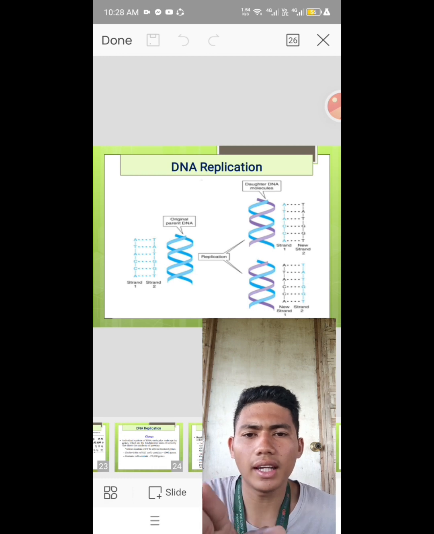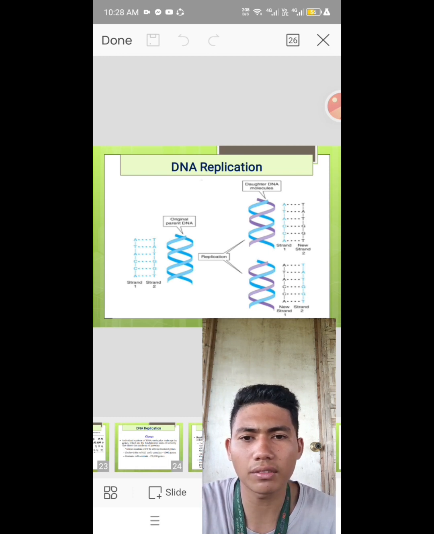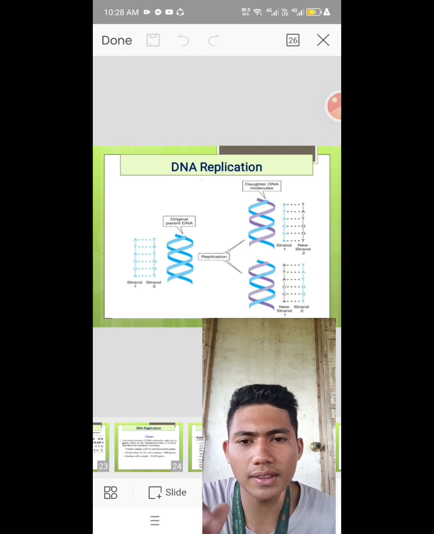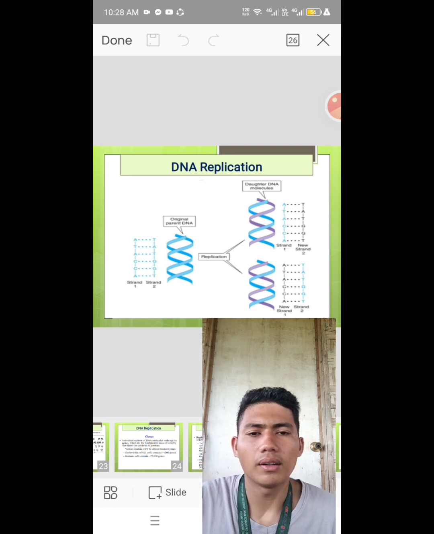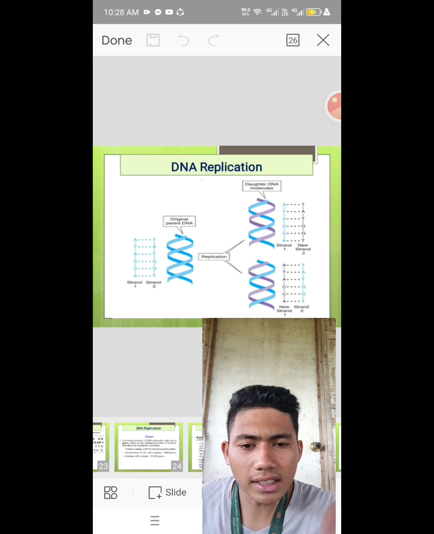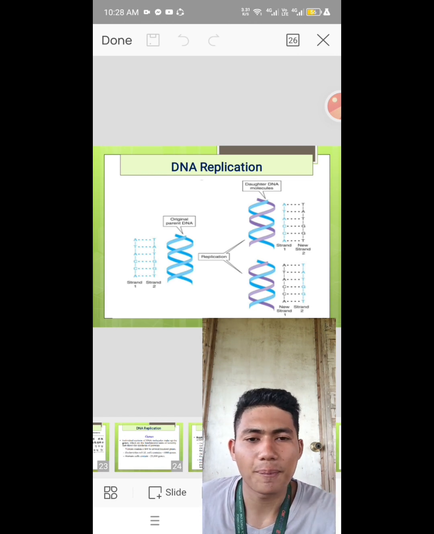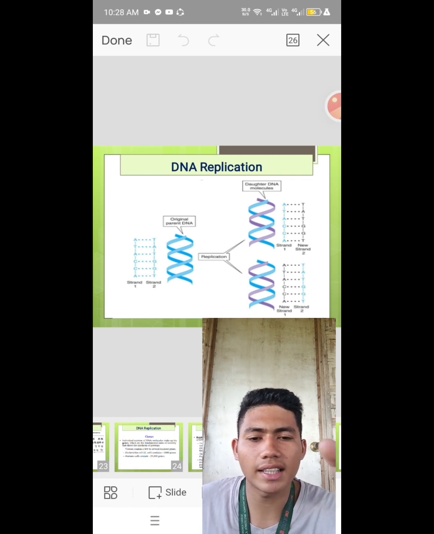In the original DNA, the first strand has the sequence adenine, thymine, adenine, cytosine, cytosine, and adenine. One daughter DNA molecule still has the similar sequence of the strand: adenine, thymine, adenine, two cytosines, and adenine.